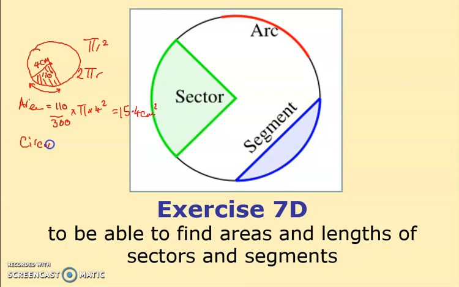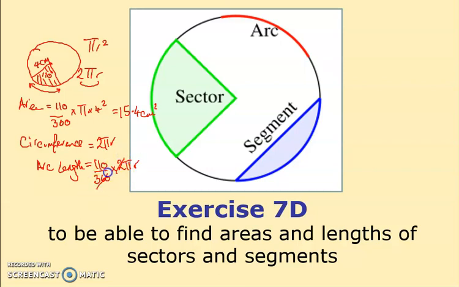Now the circumference was the 2 pi r. I've written that again because it's unusual to write it like that for GCSE. You tend to write it as pi times diameter, but of course 2 times the radius is the diameter, so it's the same thing. Now our arc length in this case is a proportion of that, and of course it's 110 out of the 360 as a fraction of the whole circle, so times by the 2 pi r.